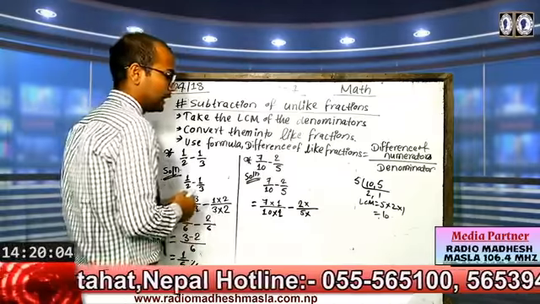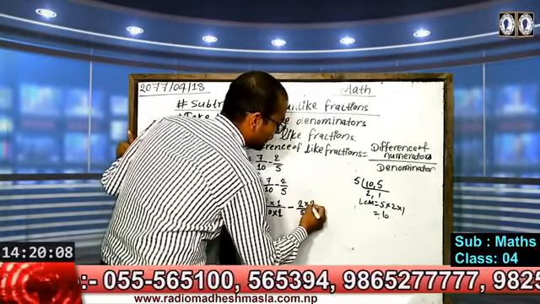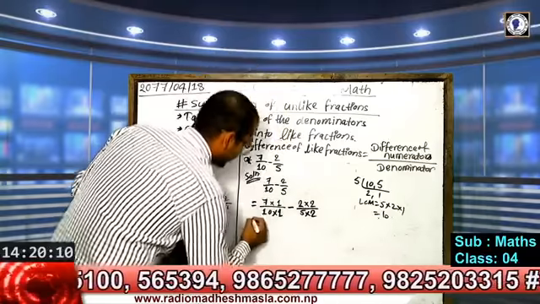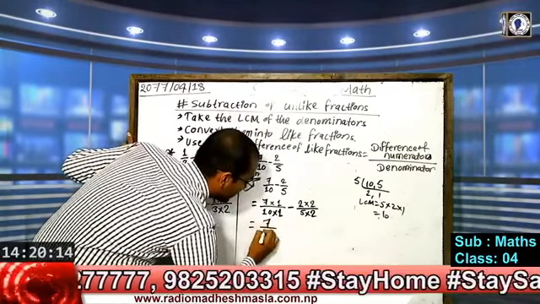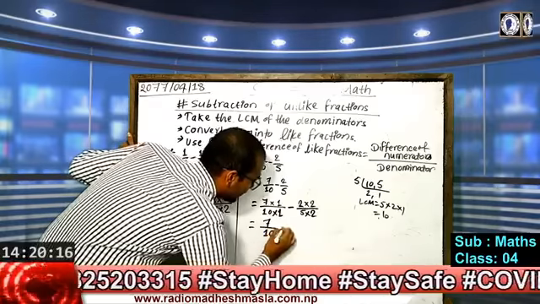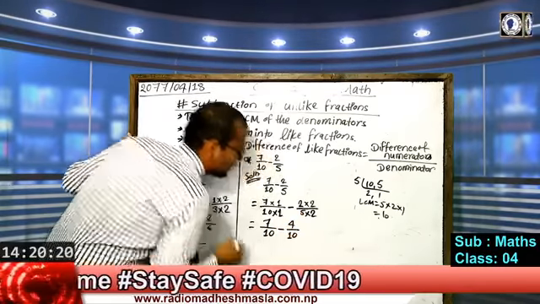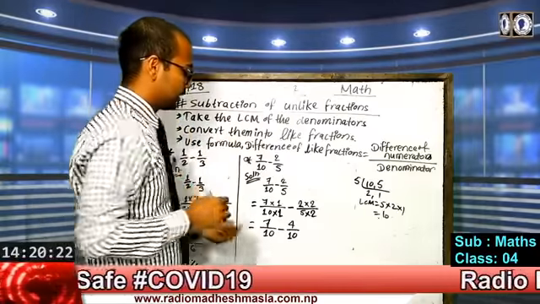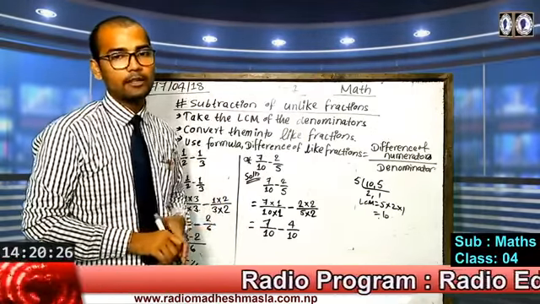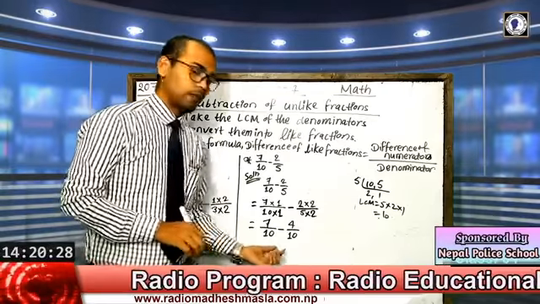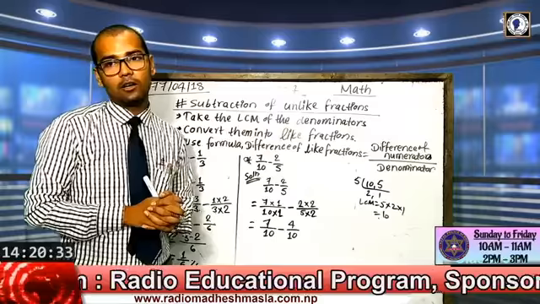So 5 into 2, and also numerator 2 into 2. So here we got 7 by 10 minus 4 by 10. Now both fractions have the same denominator, and when fractions have the same denominators, they are called like fractions.